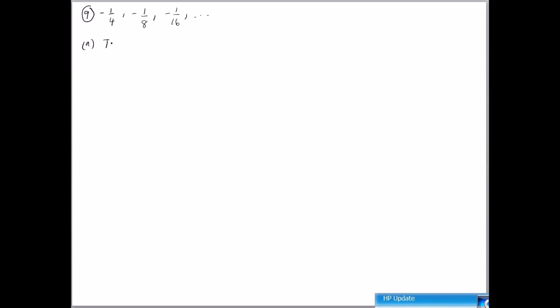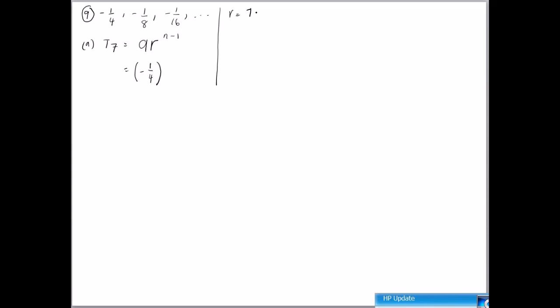The 7th term is T7. Formula: a R power n minus 1. We know our a is -1 over 4. Since we want to use R here, let's find R.